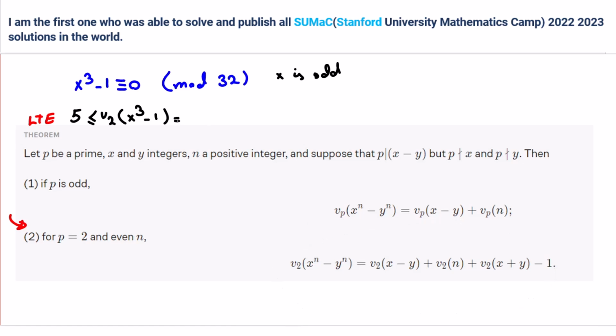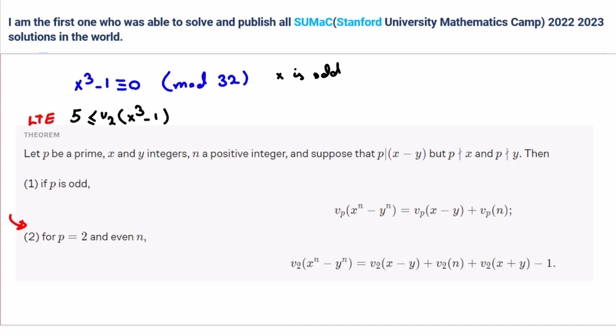So it would be V2 of x minus 1 plus V2 of 3 plus V2 of x plus 1, but n has to be even. Doesn't n have to be even according to the condition? Sorry, for even n. So because it is odd n, we should do what? Square.